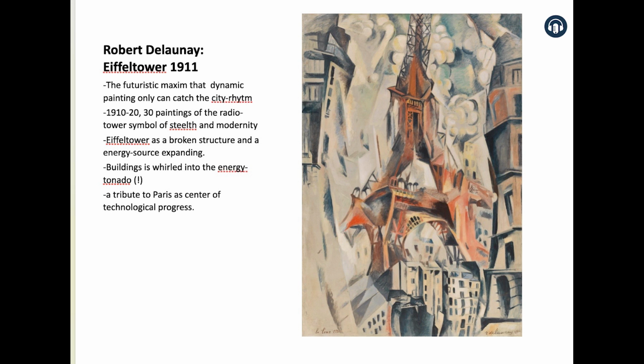From the 1910s to the 20s, Delaunay made 30 paintings of the Eiffel Tower, a symbol of speed and modernity. The Eiffel Tower is a broken structure and an energy source expanding, building its world into energy, and a tribute to Paris as a center of technological progress.